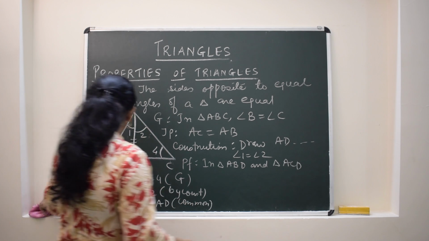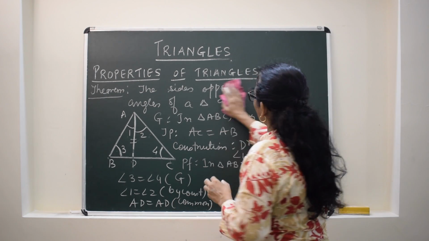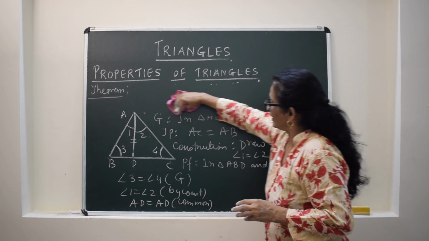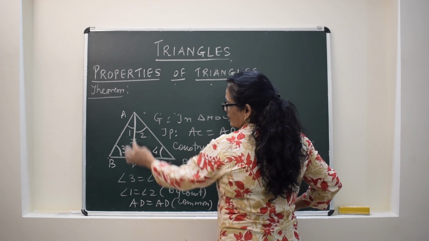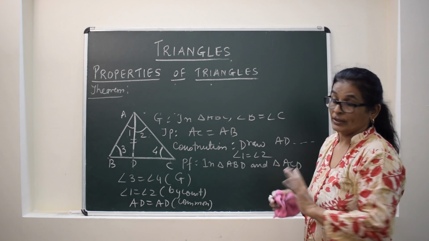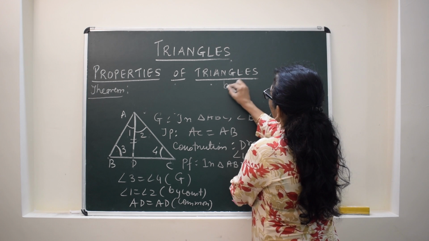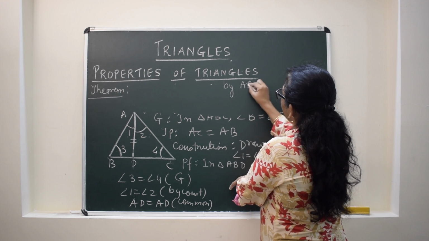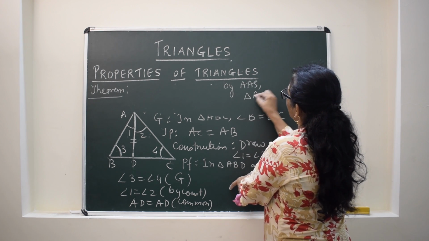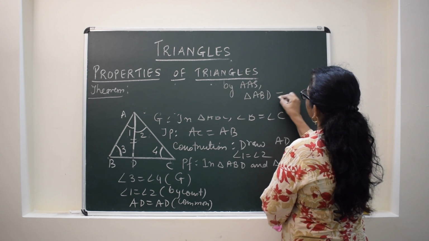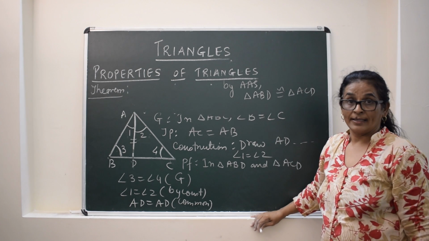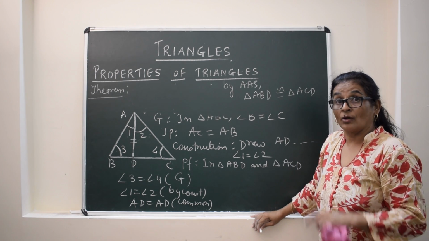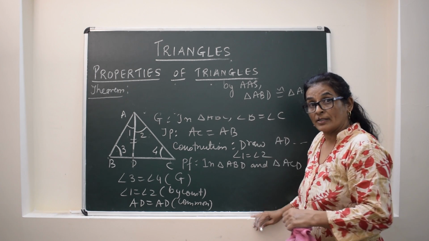So by what criteria the triangles are equal and congruent? By AAS, because any 2 angles and the side which is not included. So directly also you can use the corollary: by AAS, triangle ABD is equal and congruent to triangle ACD. Now when the triangles are congruent, then the corresponding parts will be equal.